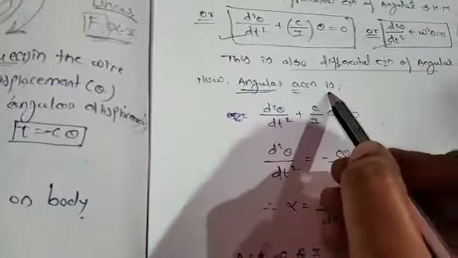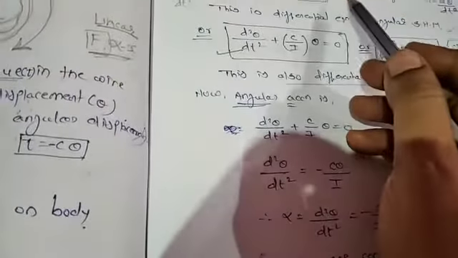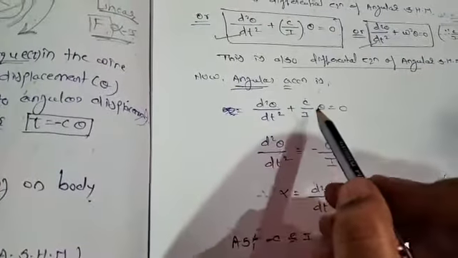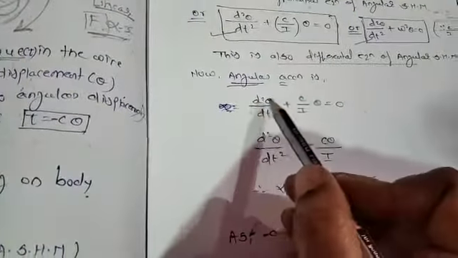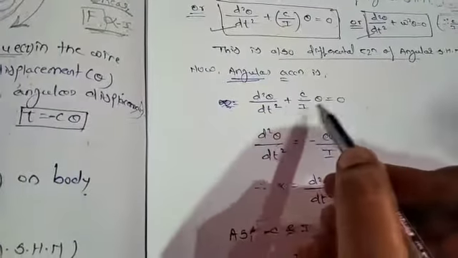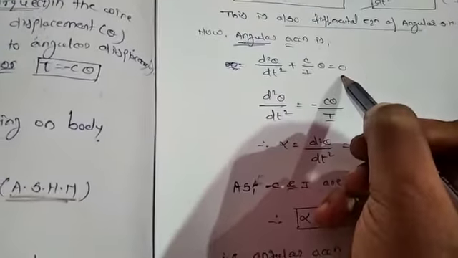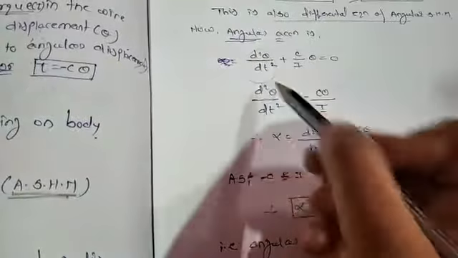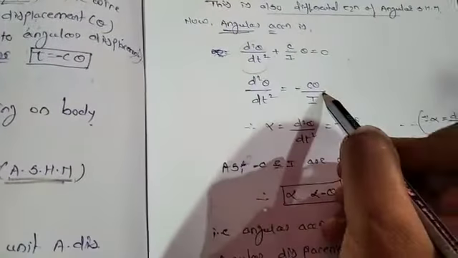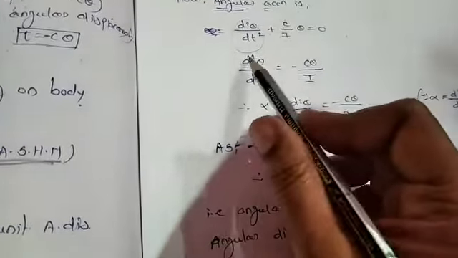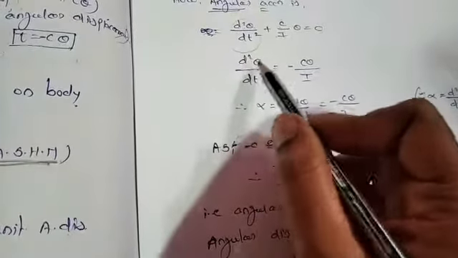Then next, we'll see the angular acceleration. The differential equation for the angular SHM is d square theta upon dt square plus c upon I into theta is equal to 0. We can write this term as it is, and the other term will become negative on this side. So alpha is equal to, what is this d square theta upon dt square?